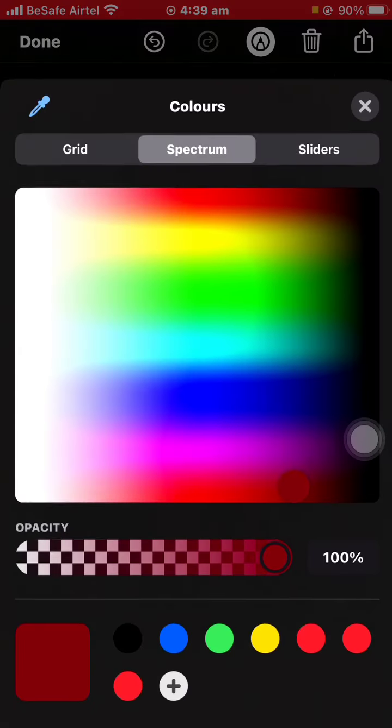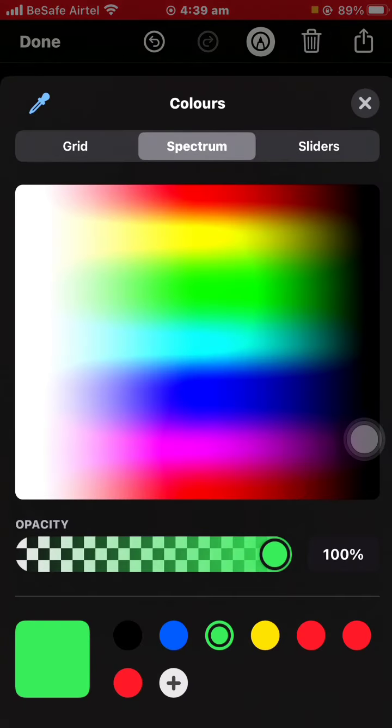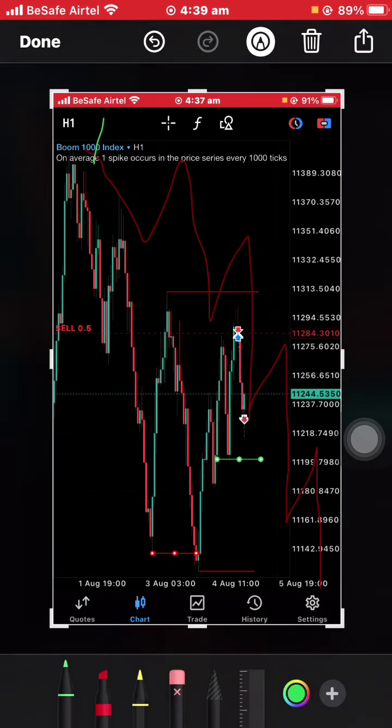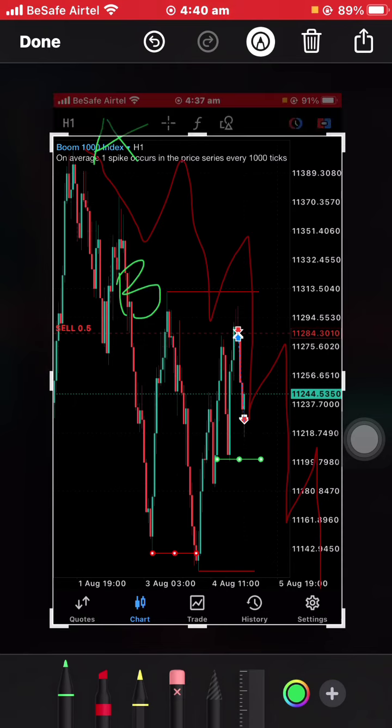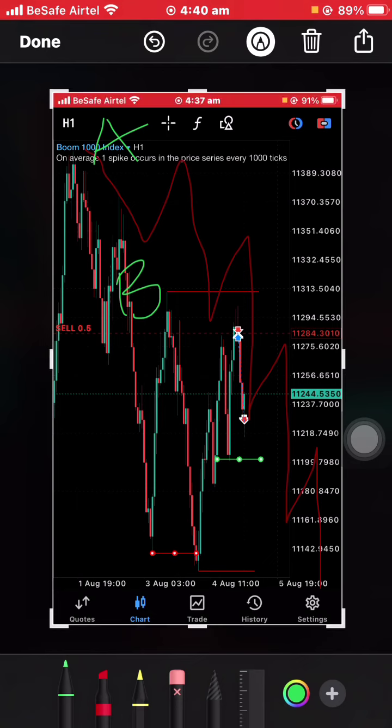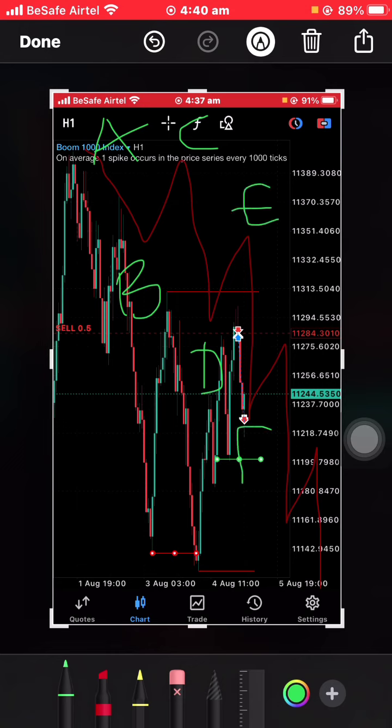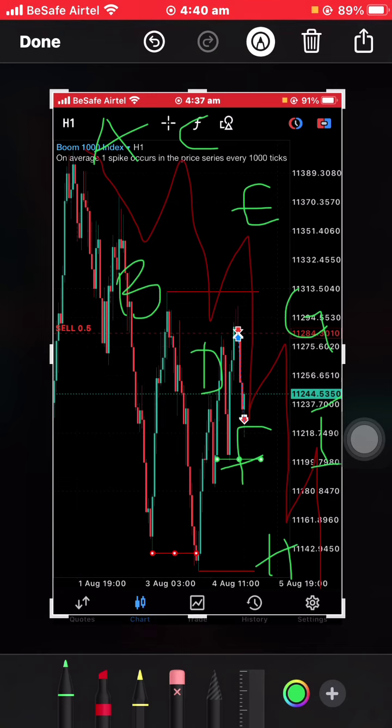So in a bearish condition, that is what the market is going to do. So here is going to be point A, here is point B, here is point C, here is D, here is E, here is F, this pullback is G, here is H, here is I, and here is J.